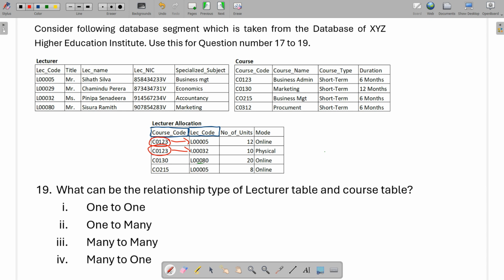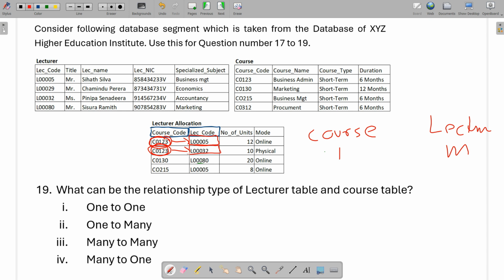So course code is representing the course table, and lecture code is representing the lecturer table. If you think about one course code, there are many lectures. So CO123 is taken care of by this particular L405, and again L3032, right?